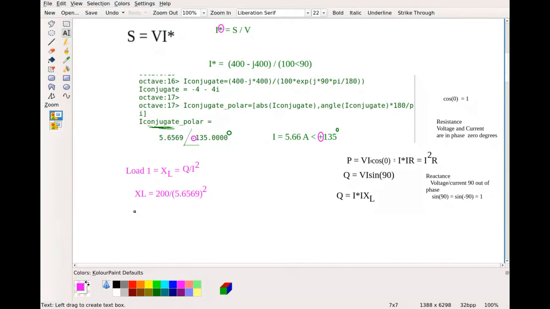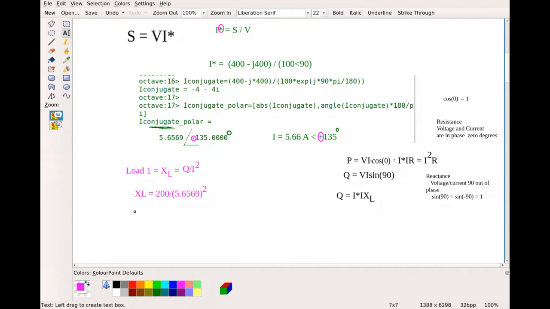So 200 divided by the 5. Yeah, 6.25 ohms. I concur with that, Austin.